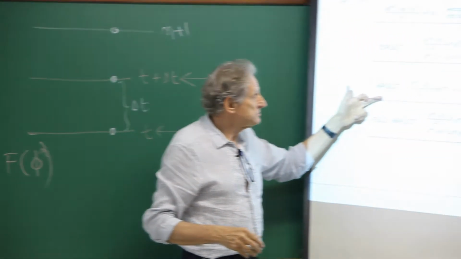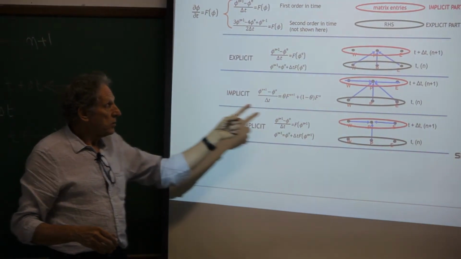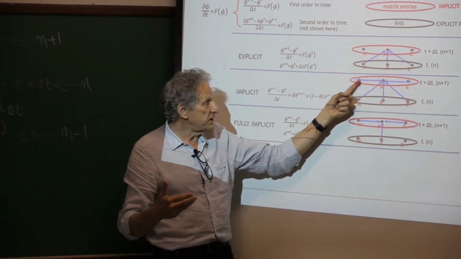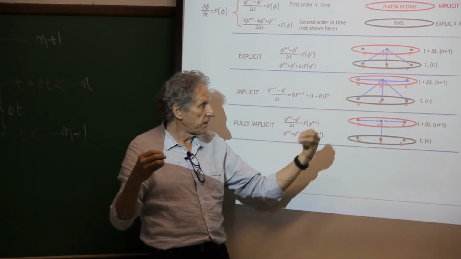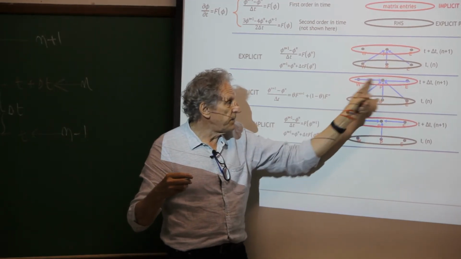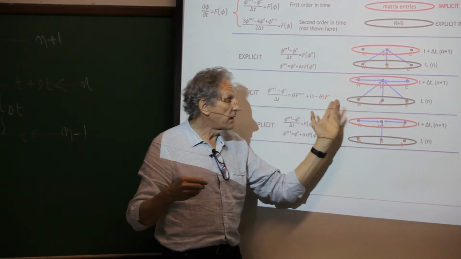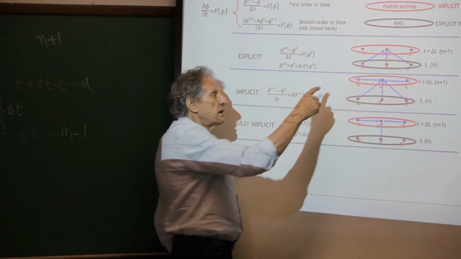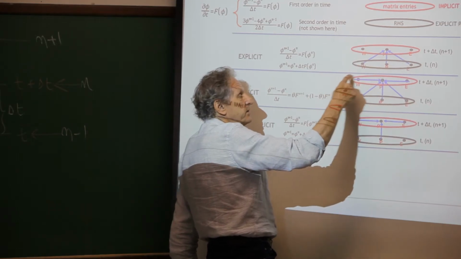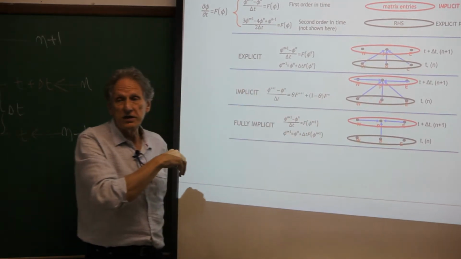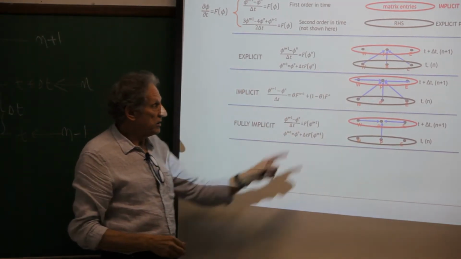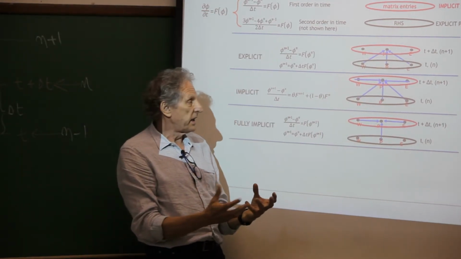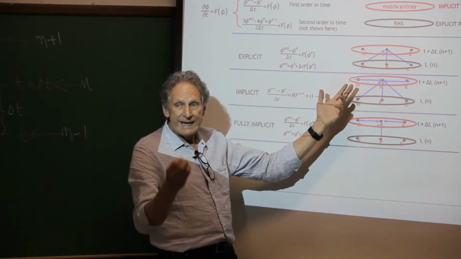The implicit already has some coefficients connecting P with E, P with W, and also from the bottom. So we have coefficients now in the matrix. So this is a linear system to be solved, because these coefficients are in the matrix, are implicit, and I have to solve a linear system.